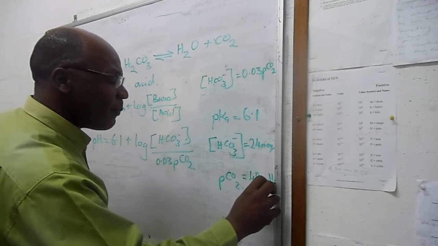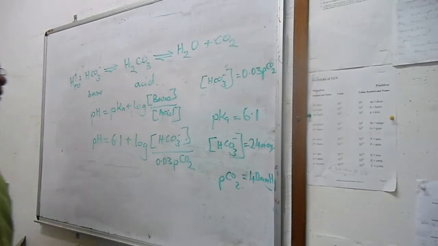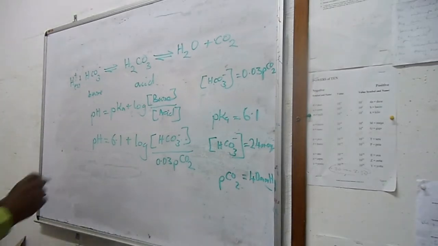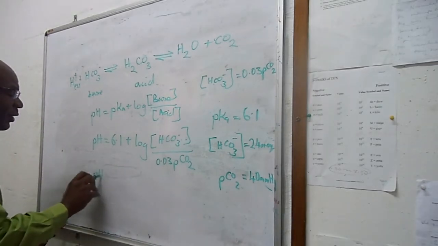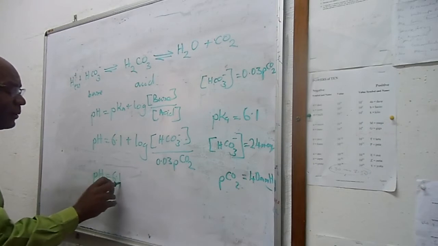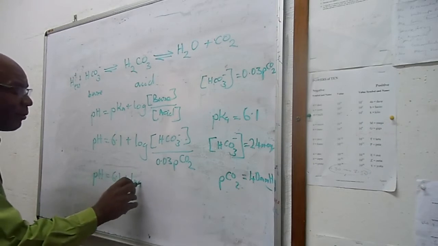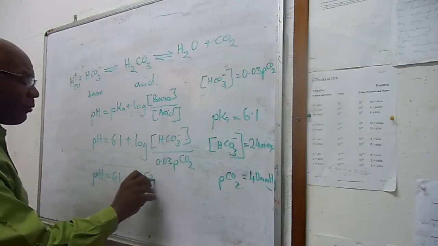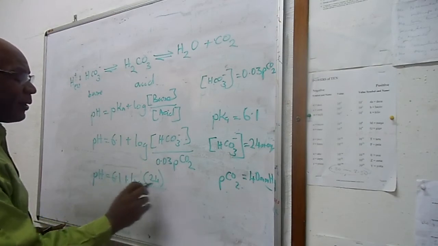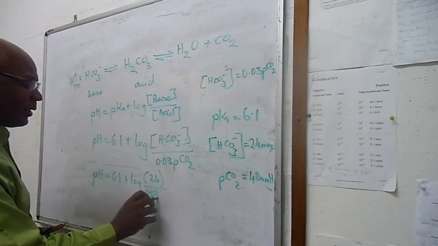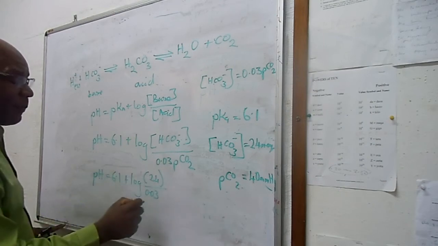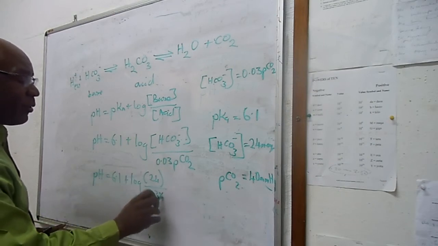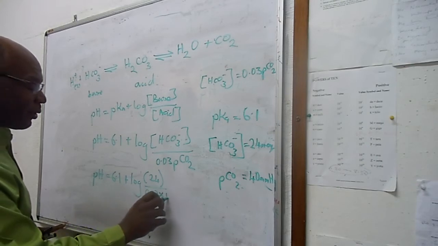millimeters of mercury. So if you slot that in, we are going to have pH is equal to 6.1 plus log of the concentration of bicarbonate ions, which is 24, over 0.03 times the partial pressure of carbon dioxide, which is 40.